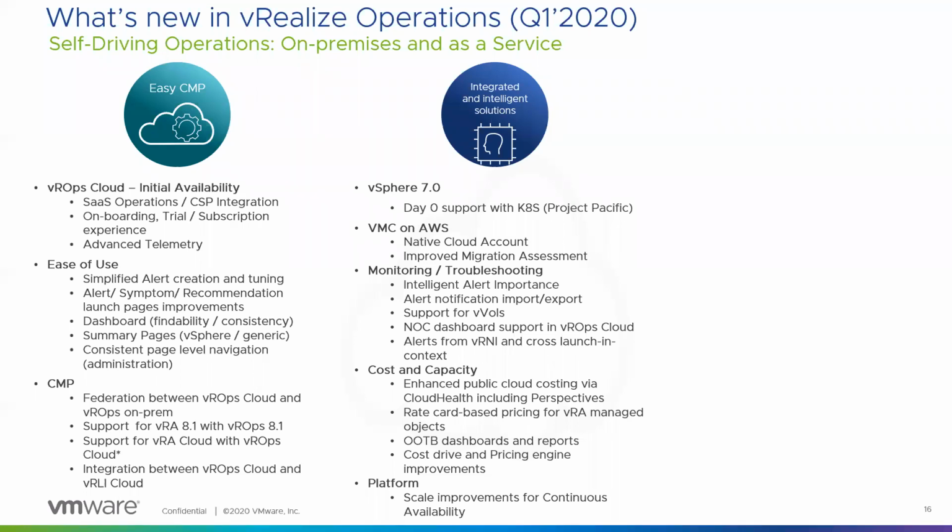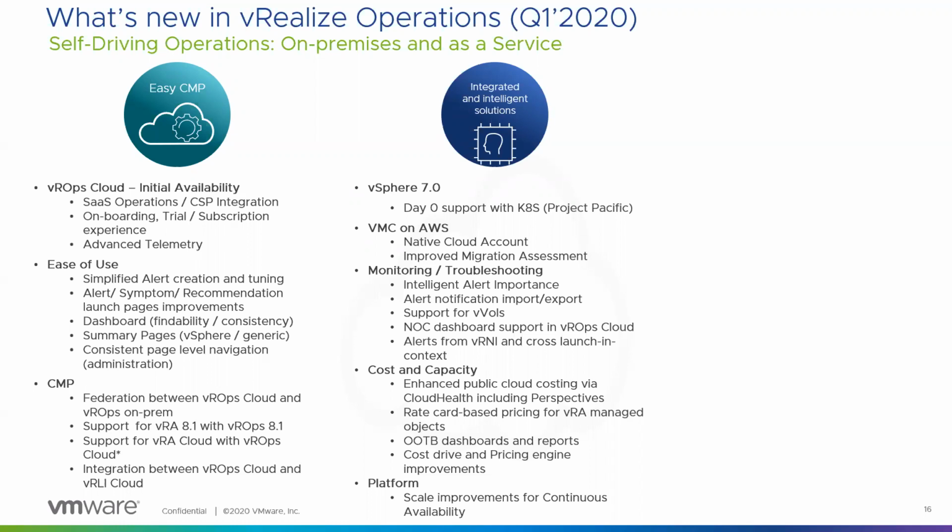That all is available through 7.0, which was recently released in Q1 itself. And we being vROPs, where vSphere is a core component that we collect the data from, we are providing you day zero support for those clusters that you can deploy using vSphere 7.0.